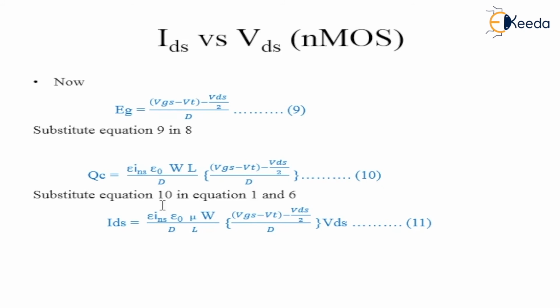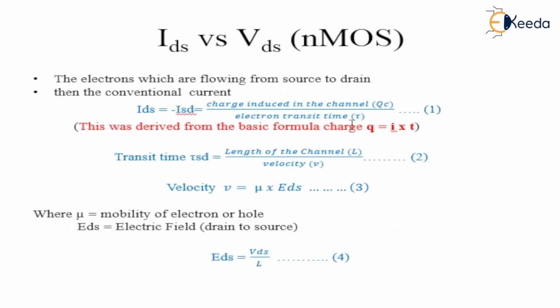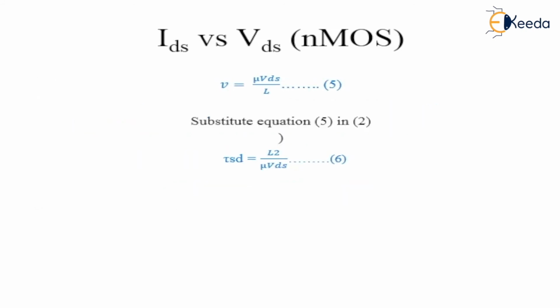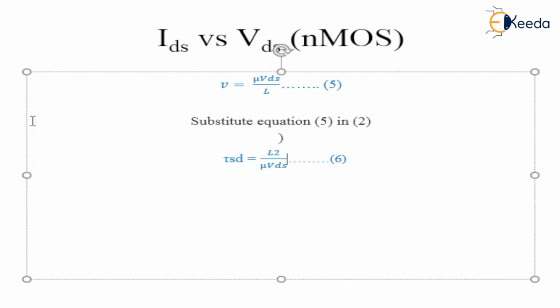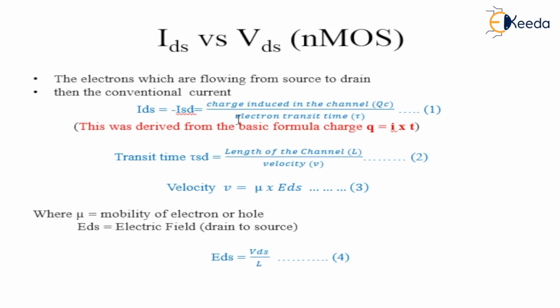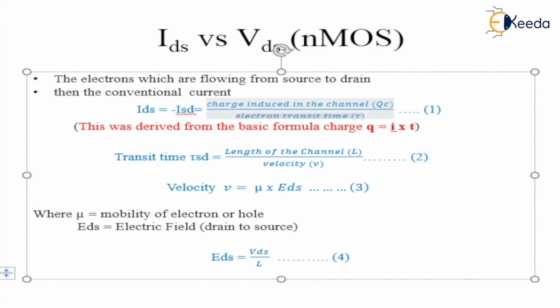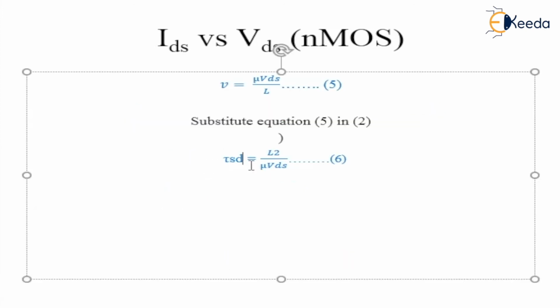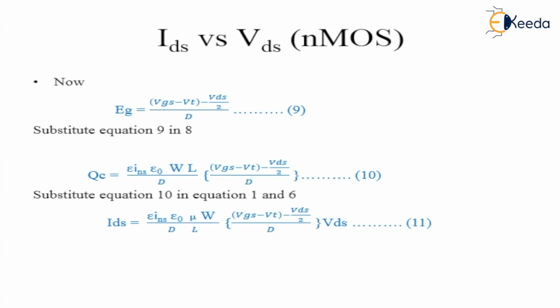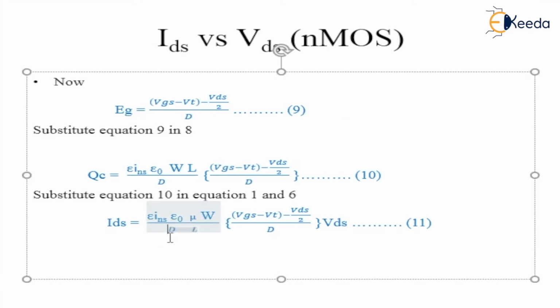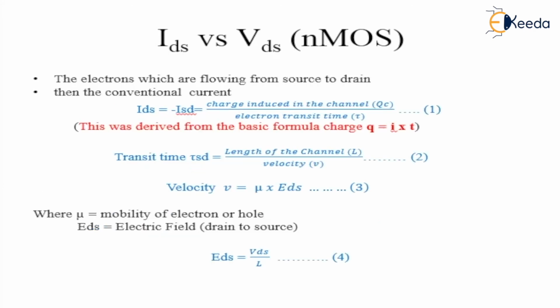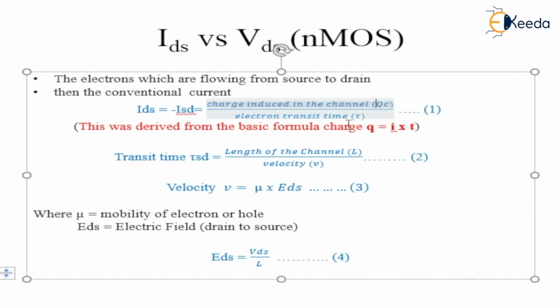Now substitute equation 10 in equation 1 and 6. Where is equation number 1? So this is equation number 1 and equation number 6. From the usage of this 1 and 6, the resultant IDS becomes like this. IDS is equal to QC by tau.